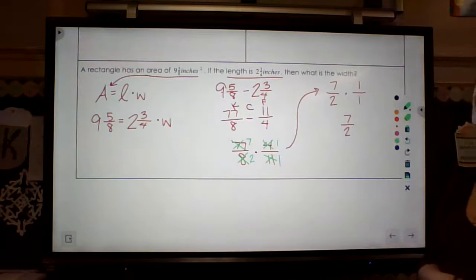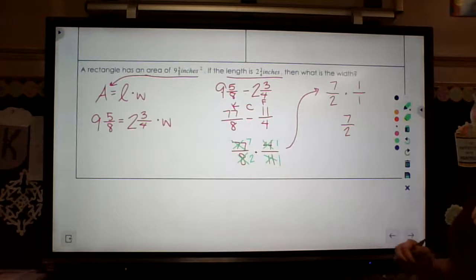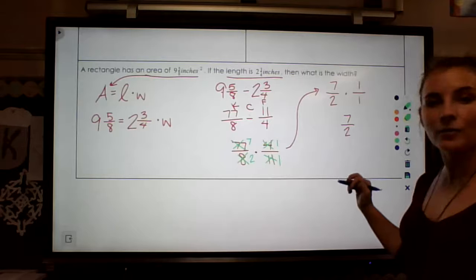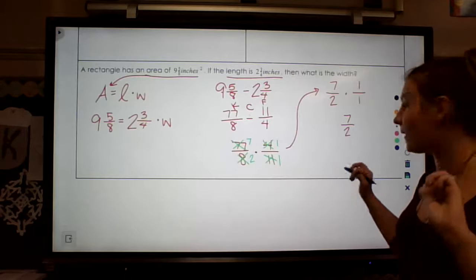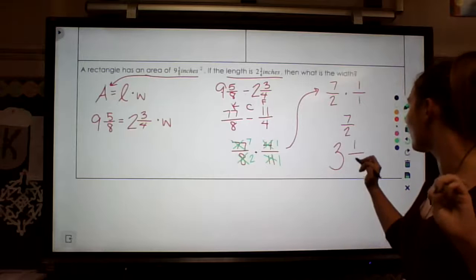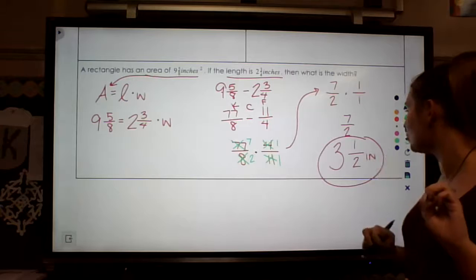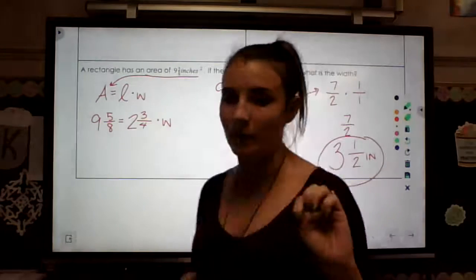That is an improper fraction. I do want to make that a mixed number. So I'm trying to figure out how many times 2 can go into 7. Think about your facts of 2: 2, 4, 6. It's going to go in 3 times. That gets me to 6, so I have 1 left over out of 2. I'm just going to throw in my label of inches. 3 1/2 inches is your final answer.